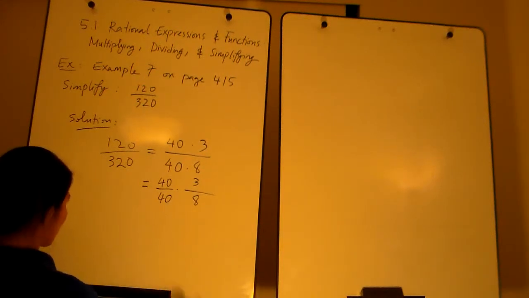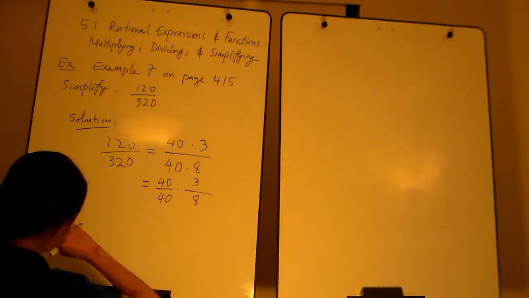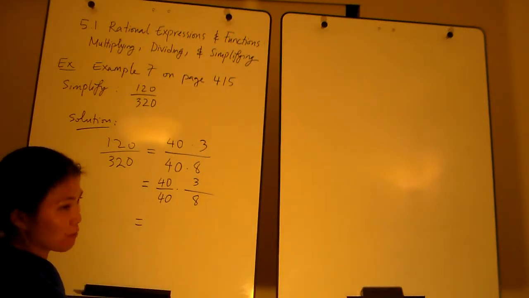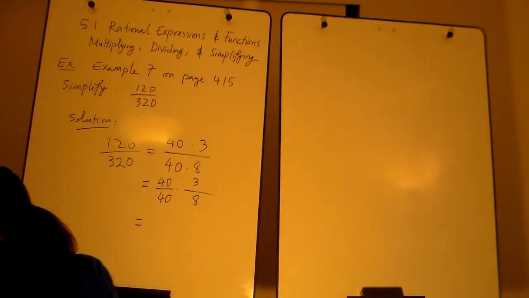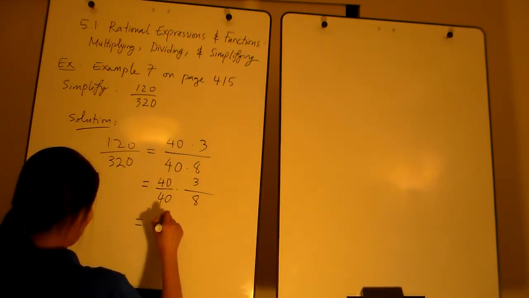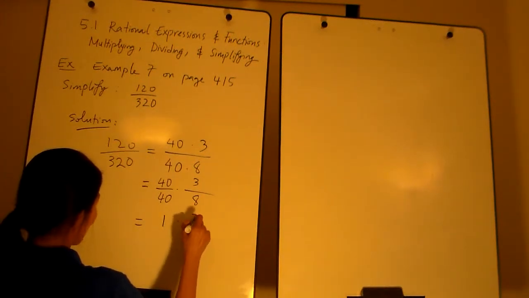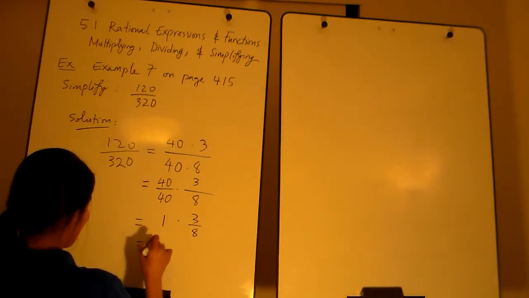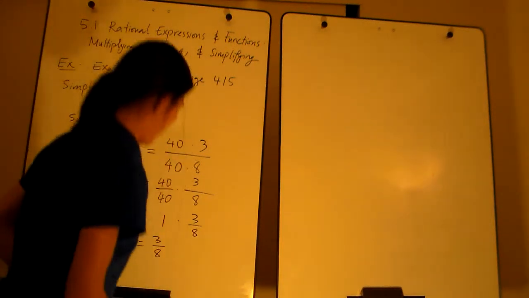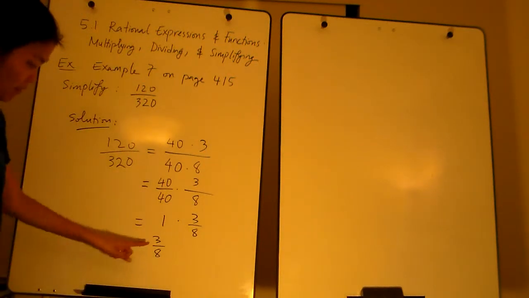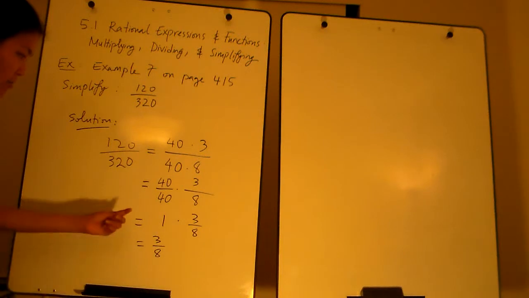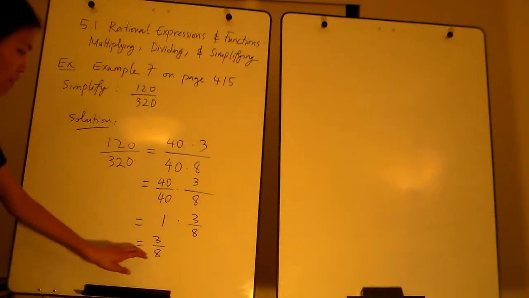Now, 40 divided by 40 is 1, so you have 1 times 3 over 8. So the answer is 3 over 8. And you can check, you cannot divide any further. 3 cannot be divided by 8. That's all you can simplify. So the answer is 3 over 8.